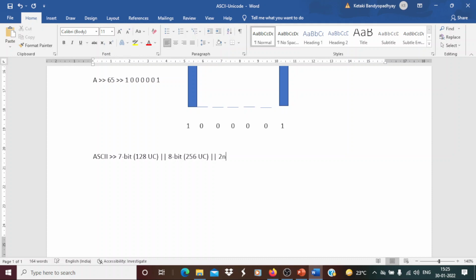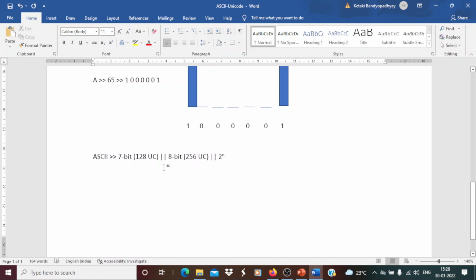The formula is 2 to the power n, where n represents the number of bits. So when the bit is 7, 2 to the power 7 is equal to 128. When the bit is 8, 2 to the power 8 is 256, and 256 unique characters can be represented.